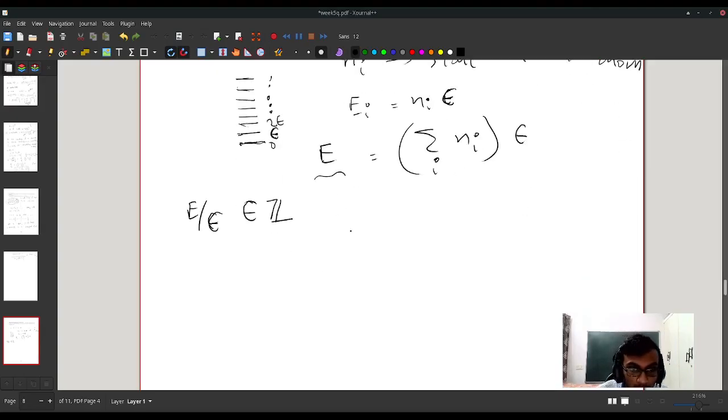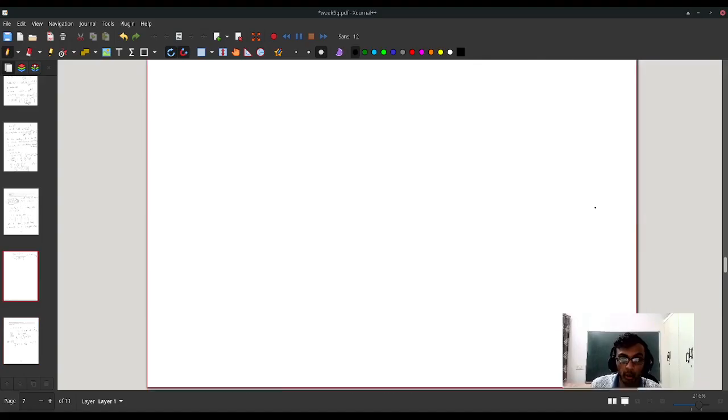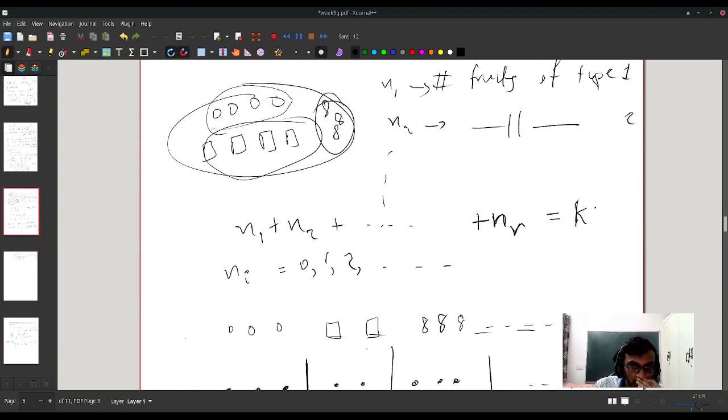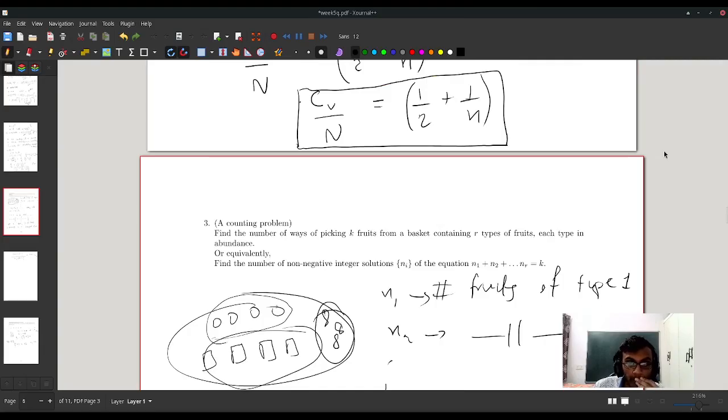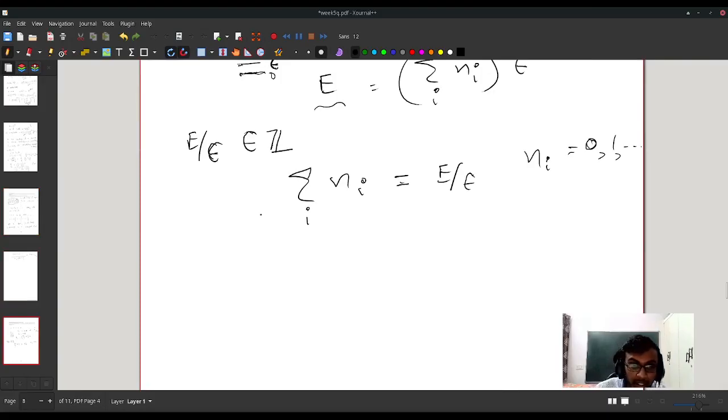The sum over i of Ni is going to be E by epsilon, where each Ni can be a non-negative integer. So this is exactly the problem that we saw before, the problem of fruit picking. The number of solutions to this equation is simply the number of microstates that we need here.